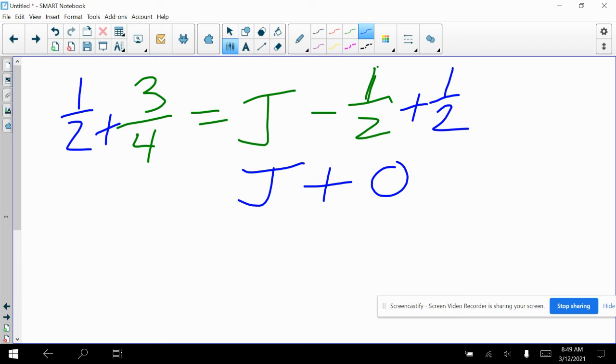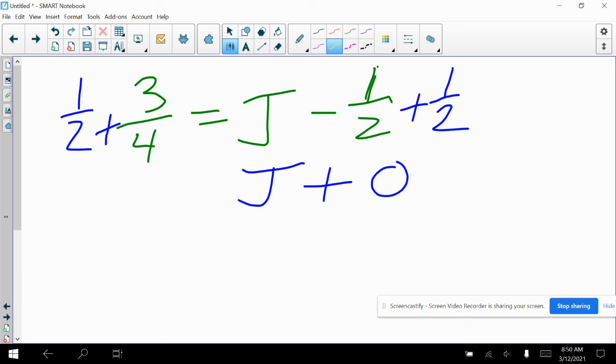A negative a half plus a positive a half is a 0. This is why I told you side by side is a little bit better for fractions. Well, can we add those? Can we add them? What do we get on the left side of the equation?